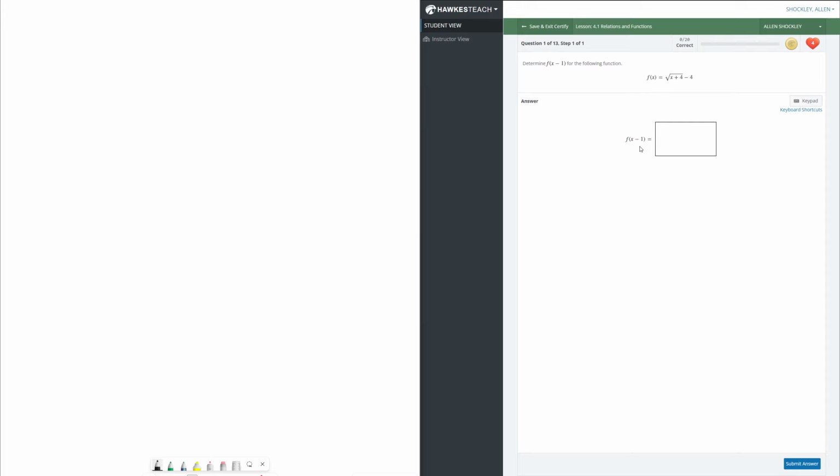We're going to take this x minus 1, and because it's in this parentheses, we are going to shove it inside of this. So we're going to take this x minus 1 and throw it into here.